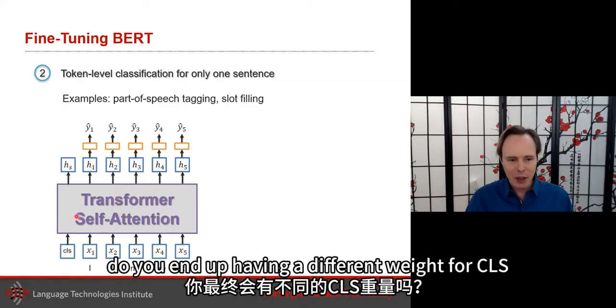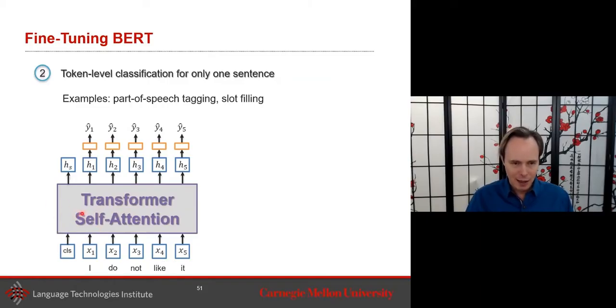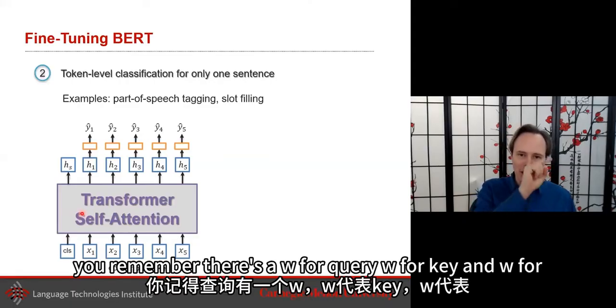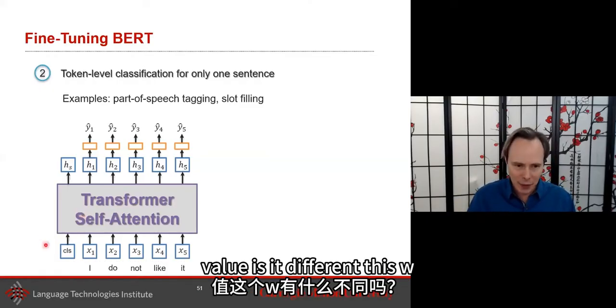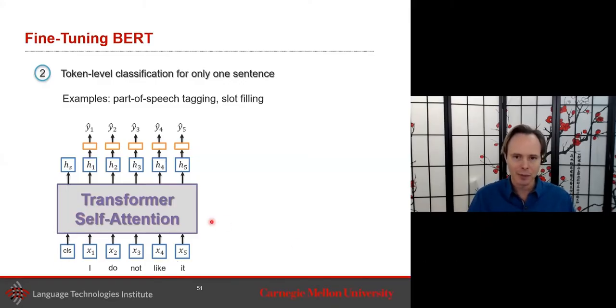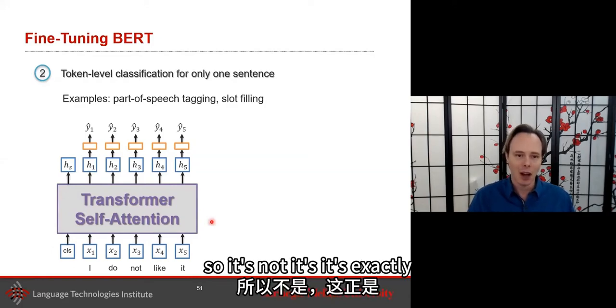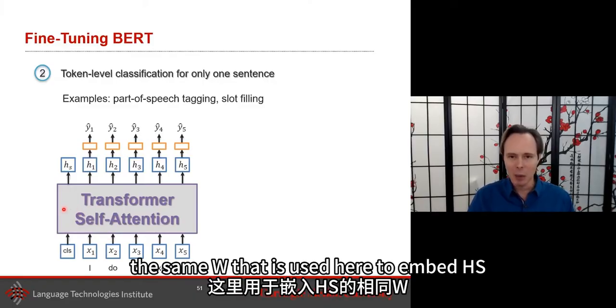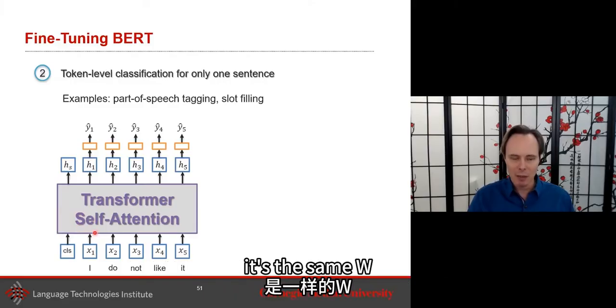And by the way, do you end up having a different weight for CLS? Like, you remember there's a W for query, W for key, and W for value. Is this W for CLS different than it is for the other words? No, it's not. It's exactly the same W that is used here to embed the hidden states.